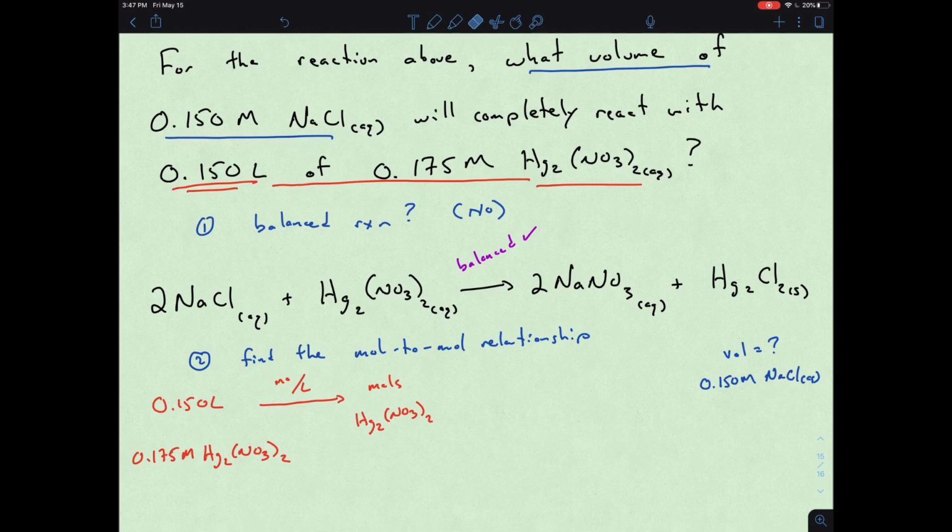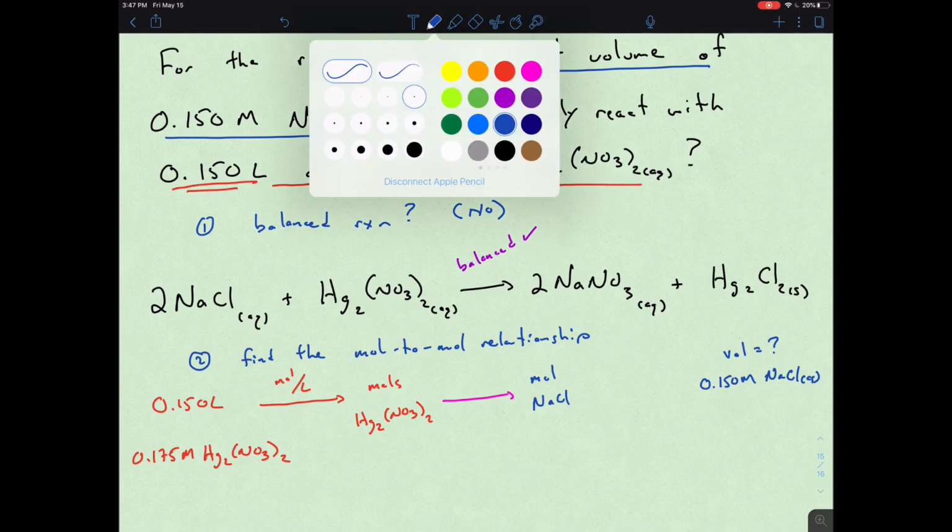I know the value is 0.175 moles per liter, but we can use that to figure out moles of mercurous nitrate. And then we can use the stoichiometry that we have above to figure out moles of sodium chloride that's necessary.